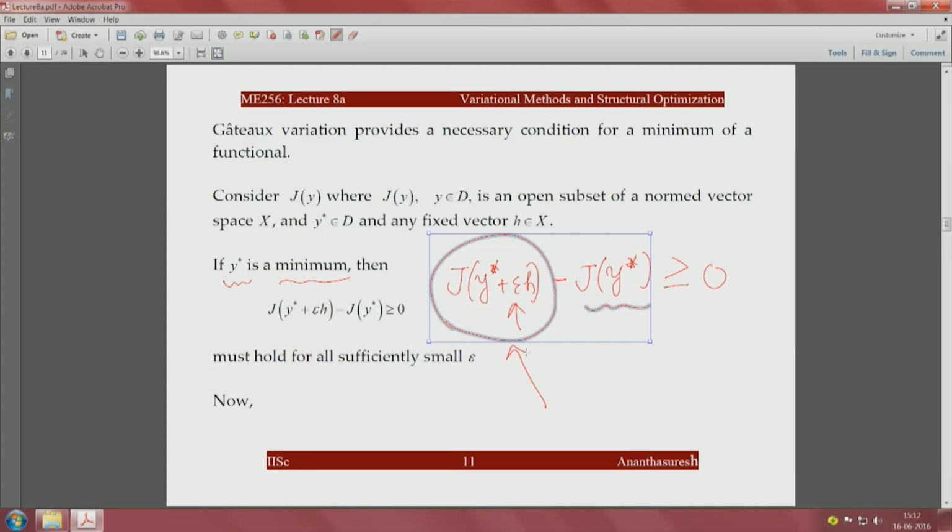What is encircled now, we divide into 0th order term which will be j y star itself, right, and then we will have the first order term, and then we will have second order and others, what we write O2, right. So, j y star cancel. So, it all depends on this thing, right. So, that is what we will get to and show that this is nothing but Gateaux variation.